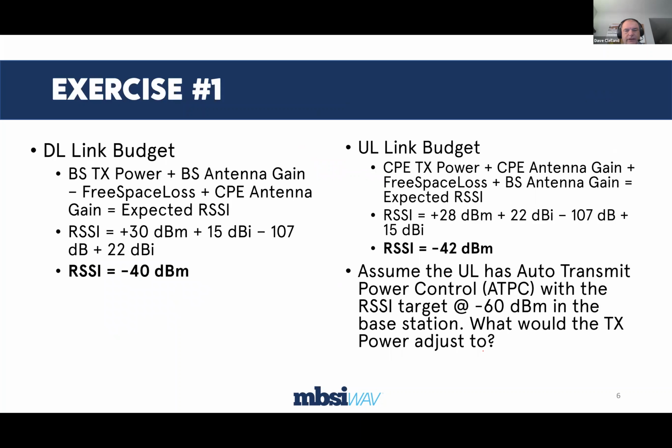So in our first exercise here, we can calculate what the expected RSSI is of this particular link. I'm not going to take too much time to run through the math here, because it's simply just a case of adding the gains and subtracting the losses, and we end up with, at this typical, I would expect the RSSI at this CPE location to be around minus 40 dBm.